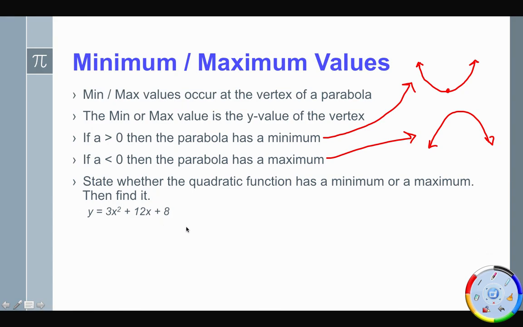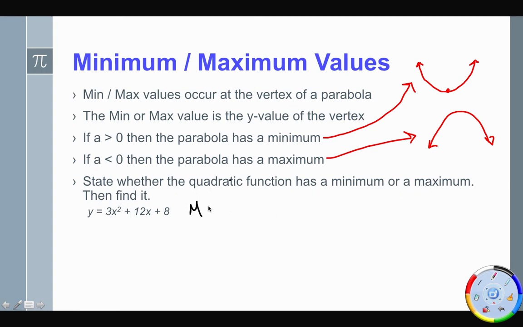Let's do a quick example so we can move forward and get working on our examples from our textbook. All right, so we have this. We want to state whether it has a minimum or a maximum, and we want to find it. In this case, a is bigger than 0 because it's a 3, and that means that this has a maximum.